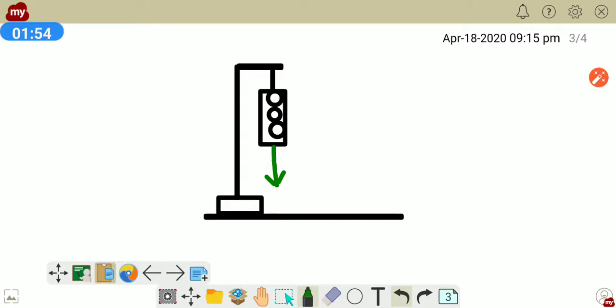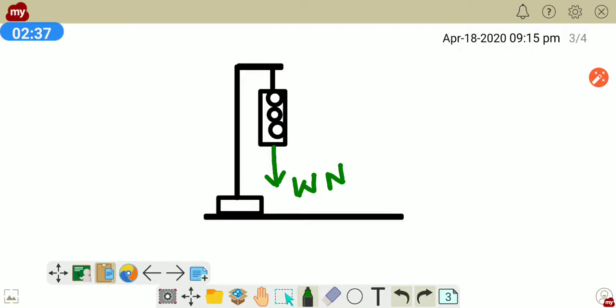Since it is attached to a string, the string is holding the lamp in the opposite direction. Let us say the lamp is having a weight of W newtons, and the string to which the lamp is attached is also applying a reverse force of equal magnitude in the opposite direction.